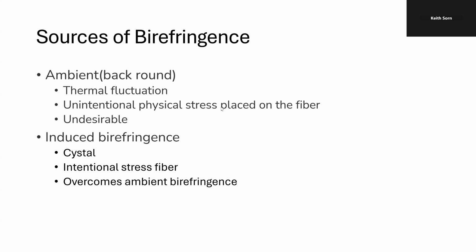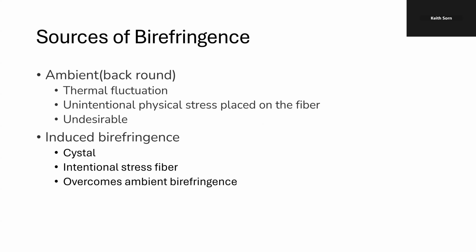All right, birefringence comes from two places. Birefringence will come from ambient conditions, temperature fluctuation in, say, a fiber cable, or unintentional physical stress placed on a fiber will both cause some birefringence.